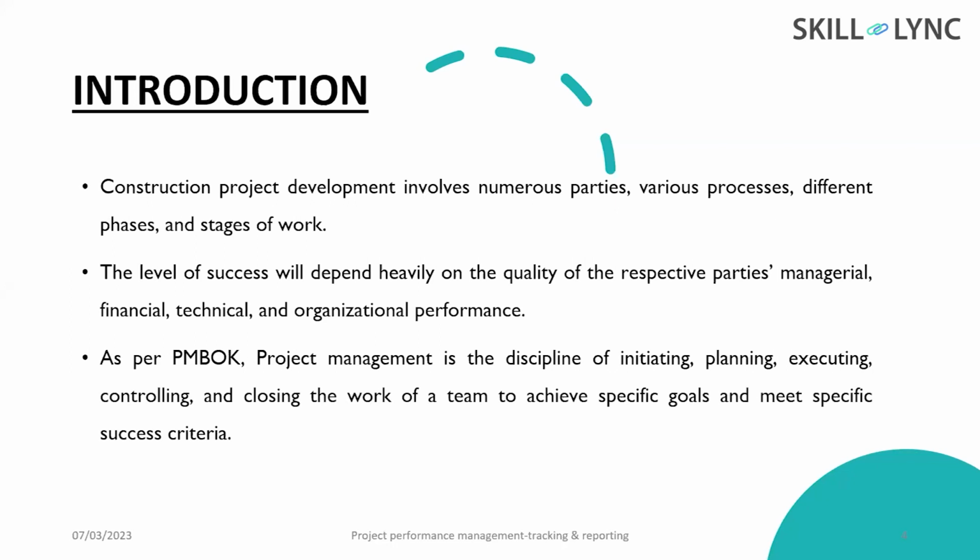To make the construction project a successful one. The level of success of a construction project will depend heavily on the quality of the respective parties. And there are different aspects for that. That can be the managerial factors, financial factors, the technical aspects, and the organizational performance. Based upon all these factors, we will say that this project is a successful one and this project is lacking that proper success.